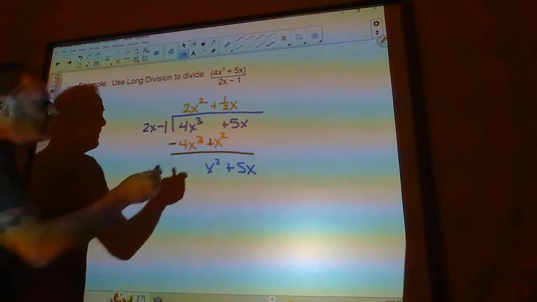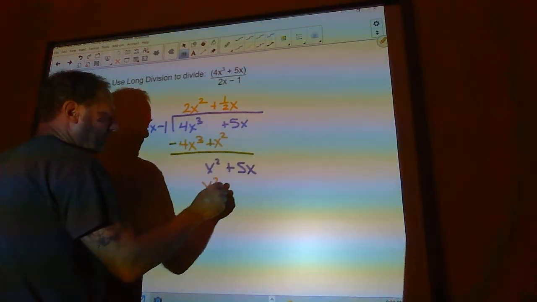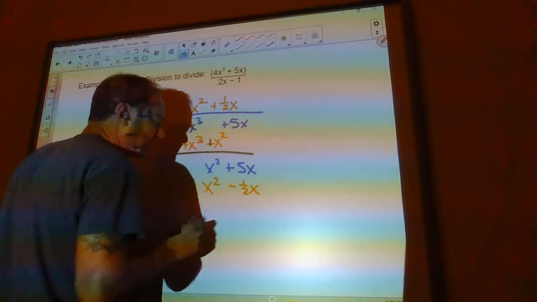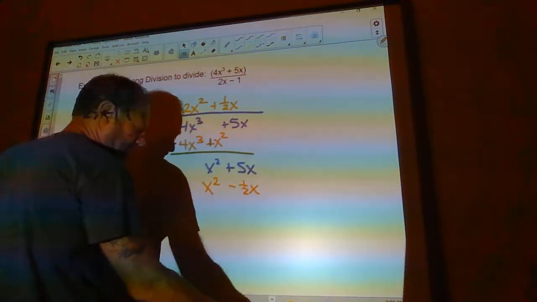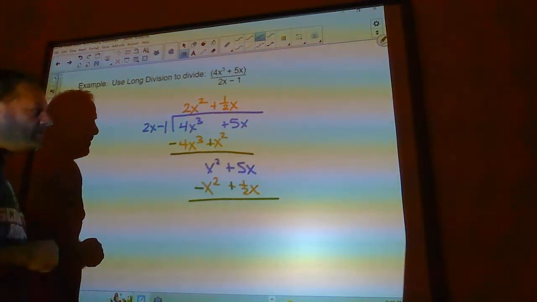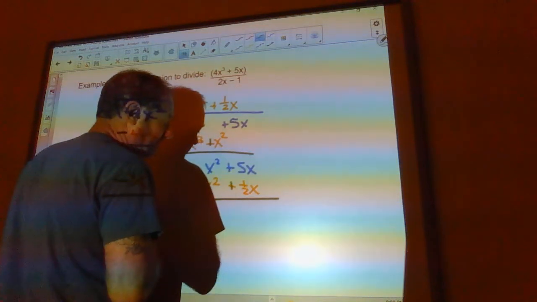Okay, so this is going to be x squared, and then I'm going to get minus 1/2 x. And remember, I'm going to subtract this, so I change all the signs. And I'm going to get 5, or I'm going to get 5.5 x.